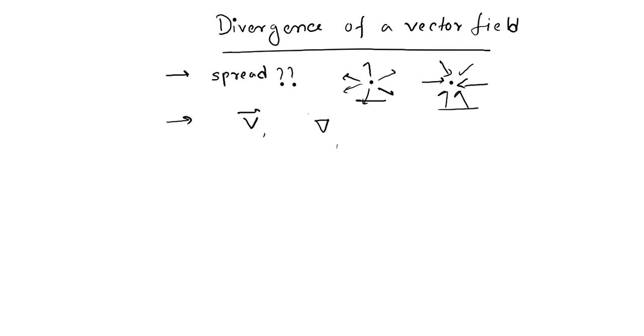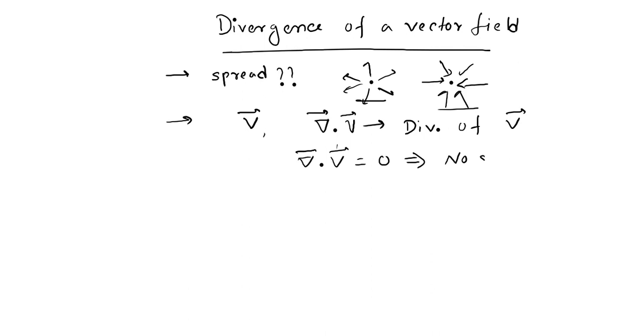We take the nabla vector dot V. It is known as the divergence of the vector field V. If we find that the divergence of V is equal to 0, what information can we get from there? It says that there is no source or sink at the particular point.